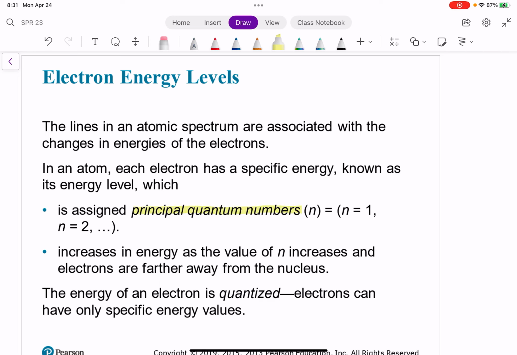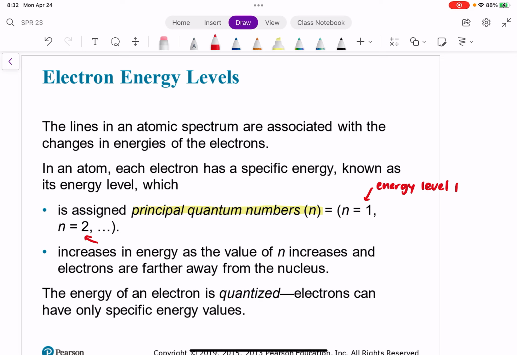And that principal quantum number, we use the letter N to represent. Okay, so whenever you see N equals some number, just know that you're looking at the energy level of the electron. So N equals 1 is the energy level 1.